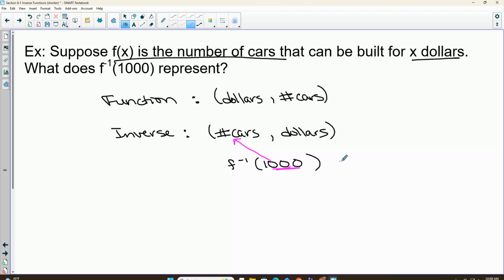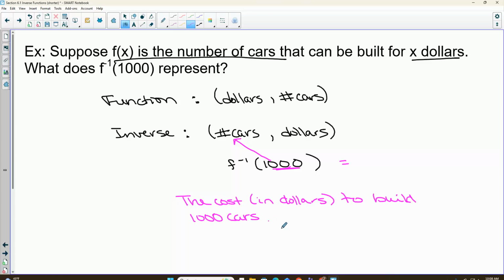What is this whole thing representing? The whole expression will give me y, which is the dollars. So it's the cost in dollars to build 1,000 cars.